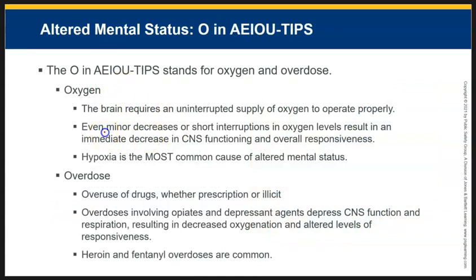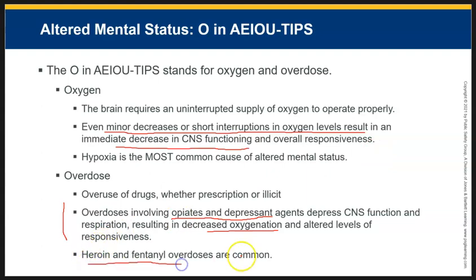Remember, minor decreases in oxygen levels, hypoxia, could result in an immediate decrease in CNS functioning. Overdose depends particularly on the type of drugs, but in the case of opiates or other depressants, we're going to see decreased oxygenation, possibly due to a slowdown of respiration. Heroin and fentanyl overdoses would be representative of this issue.